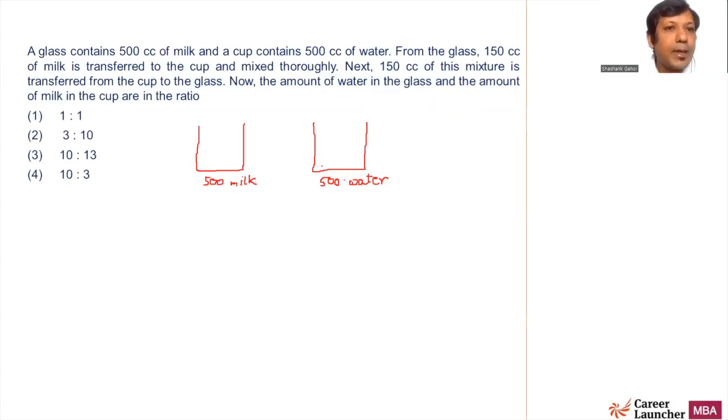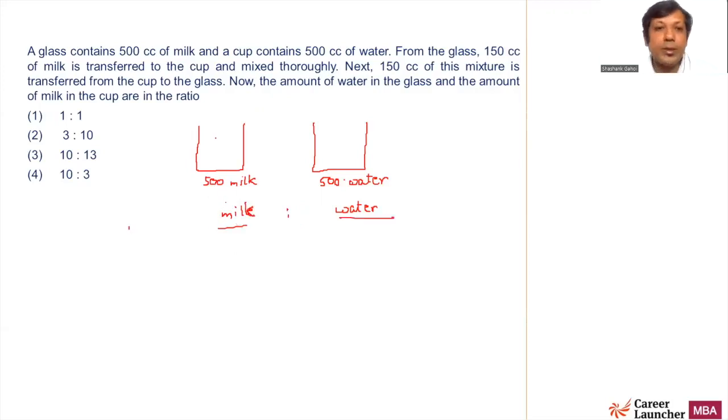It is mixed thoroughly. Next, 150 cc of that mixture is transferred back to the glass. After that, the question is talking about the ratio of the water here to the milk here.